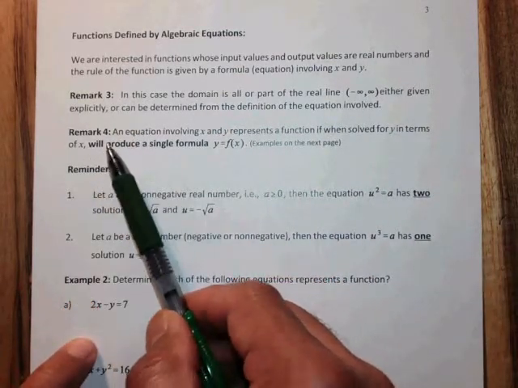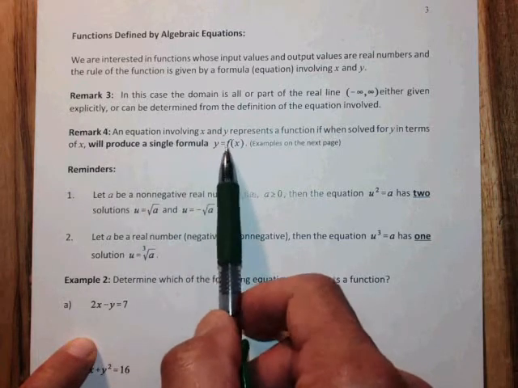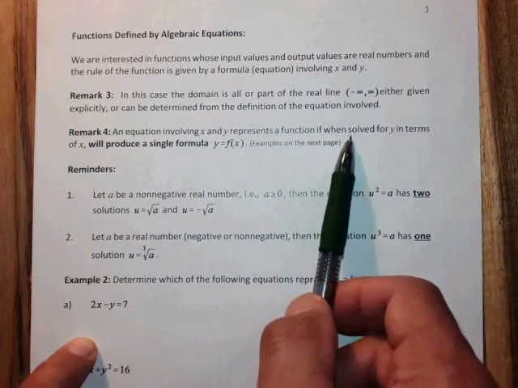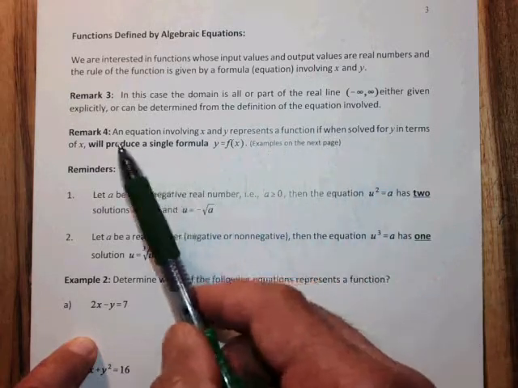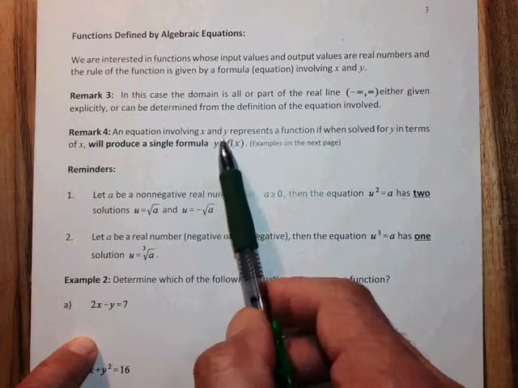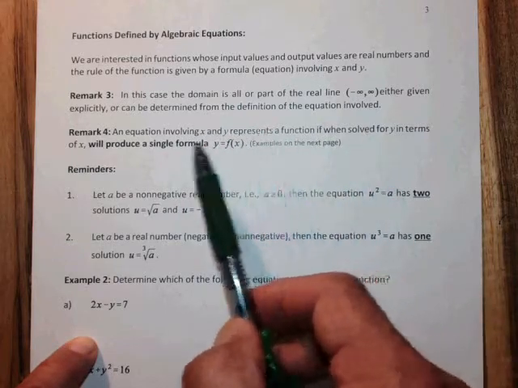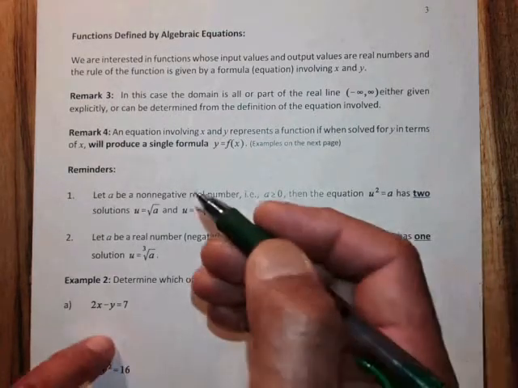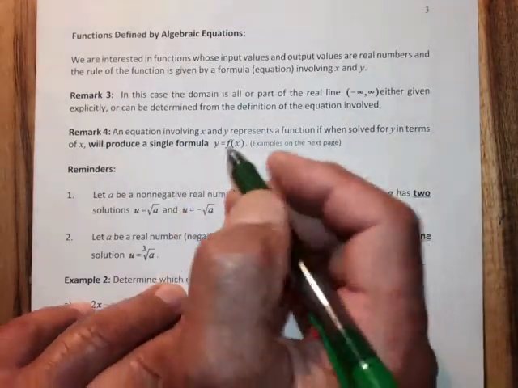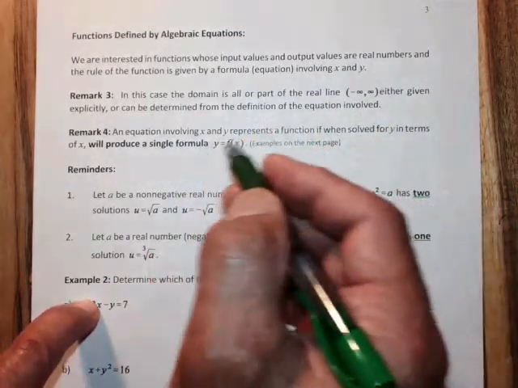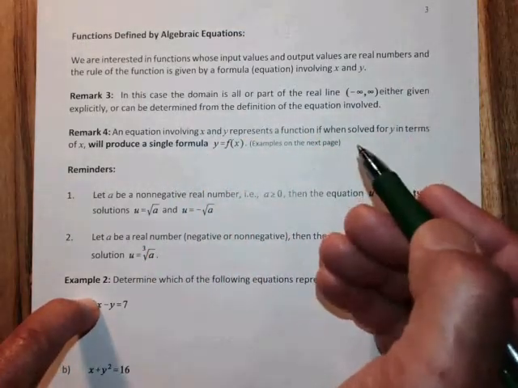So the question is, how do I determine whether a given equation represents a function? To answer that, we say, go ahead and solve that equation for y in terms of x. In other words, use the intermediate algebra knowledge that you learned to isolate y on one side and everything else, in terms of x and numbers, on the other side.